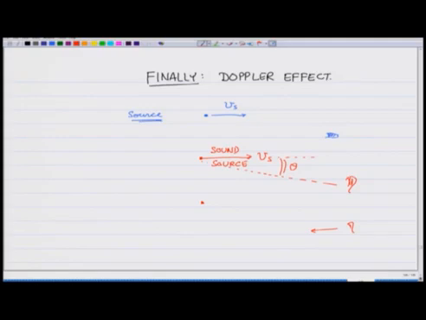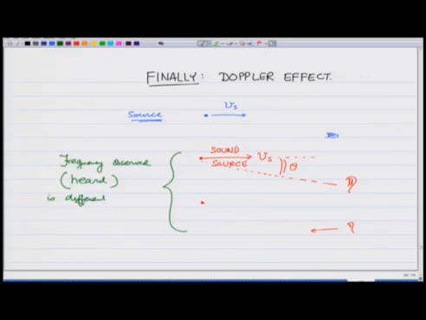In that case, what is seen is that the frequency observed, and in the case of sound, when I say frequency observed, it is the frequency heard, is different from the frequency emitted by the source, and this is known as the Doppler effect.